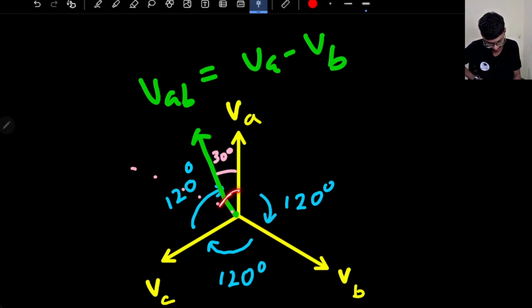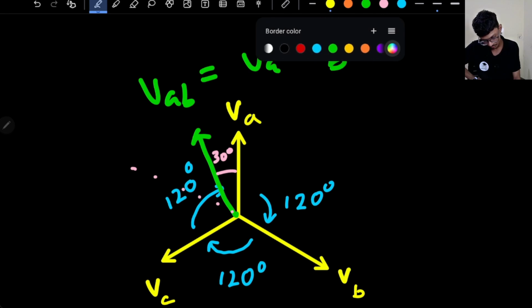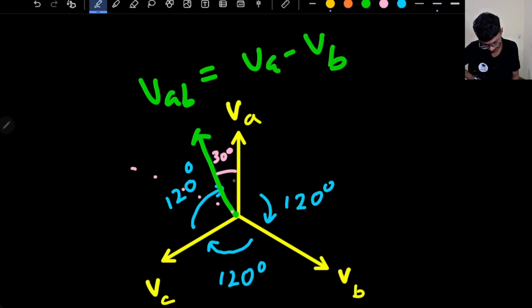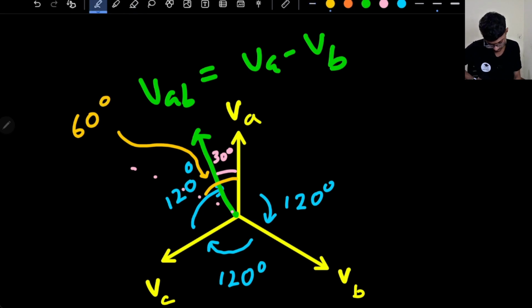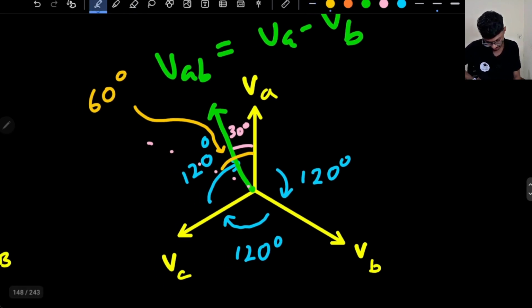So how much will this angle be? This is a straight line, 180 minus 120 is 60. So this angle will be 60 degrees.